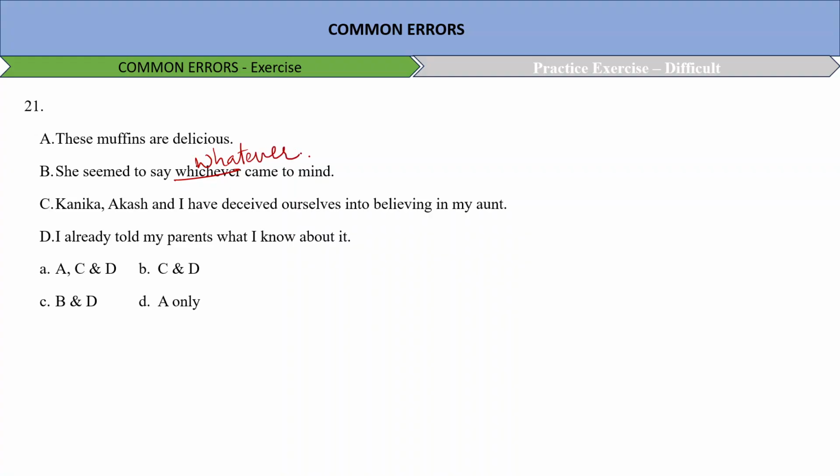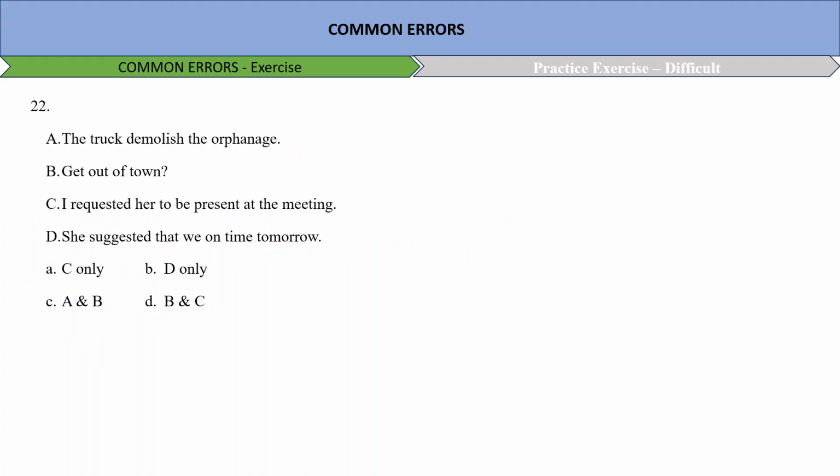Whatever came to mind. Kanika, Akash and I have deceived ourselves into believing in my aunt. I already told my parents what I know about it. So sentences A, C, D are appropriate. The only error is in option number B, and hence the correct answer is option number A. Next.